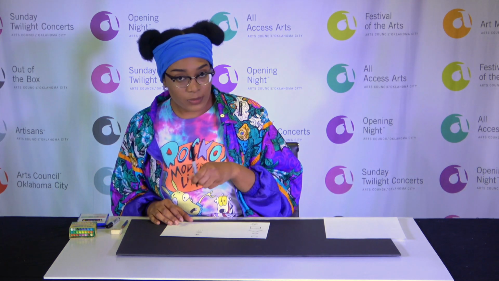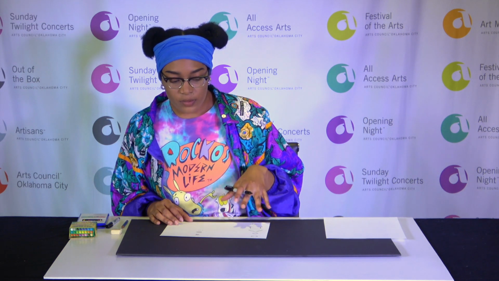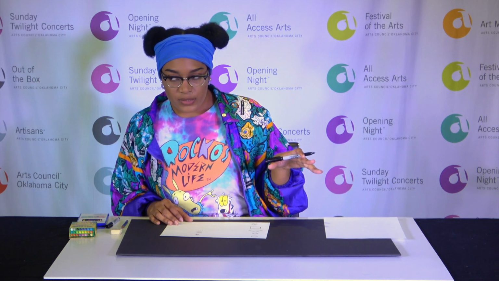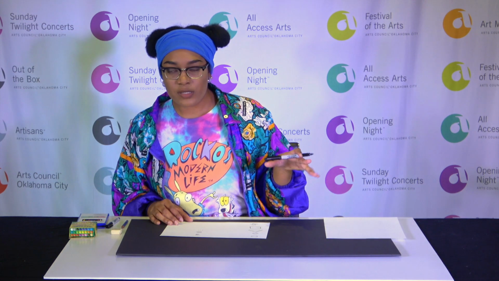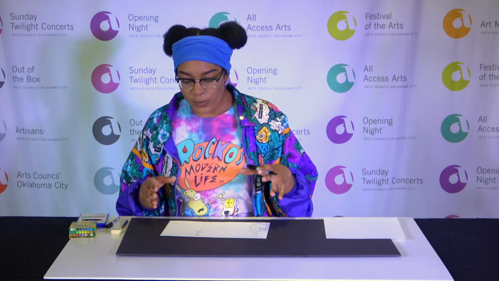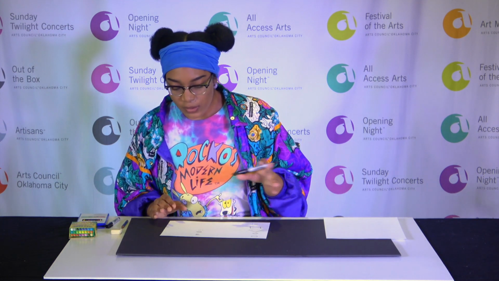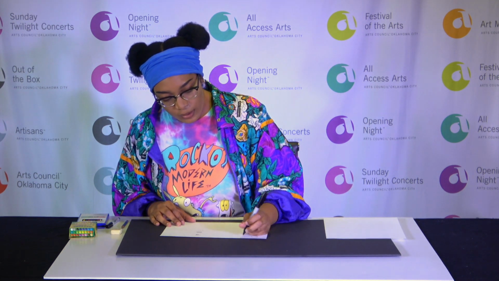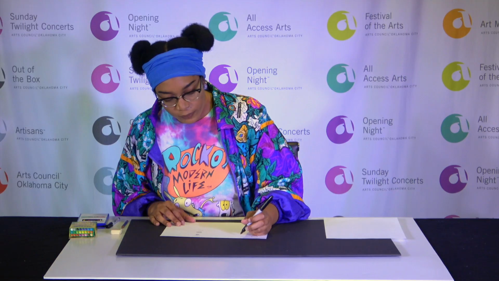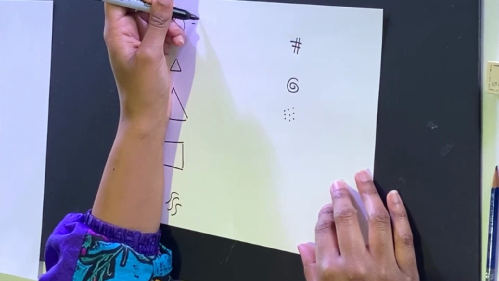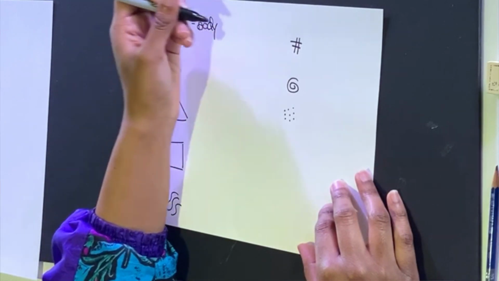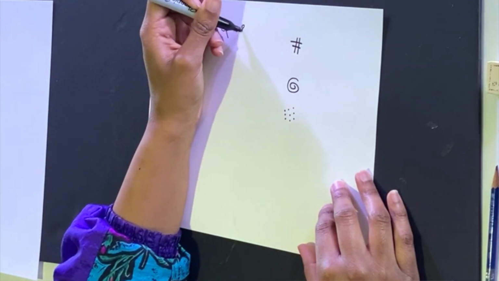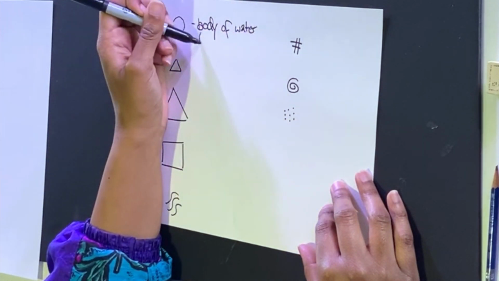But my map is going to be inspired by the outdoors. So I'm not going to have a map that's inspired by the indoors, like rooms and stuff. It's going to just be inspired by outdoors. So for instance, let's make our circle maybe a body of water, AKA maybe a lake.